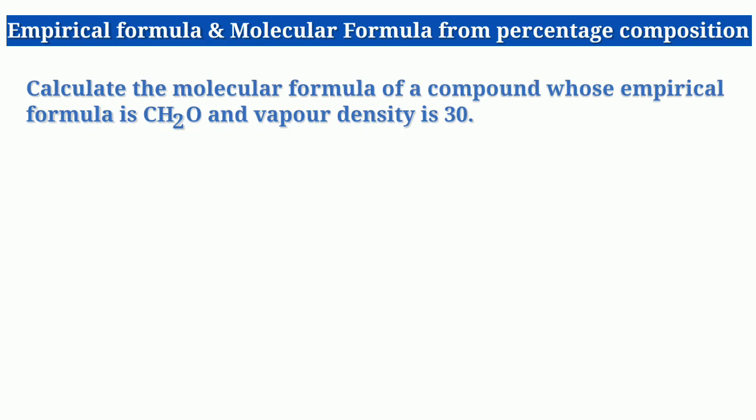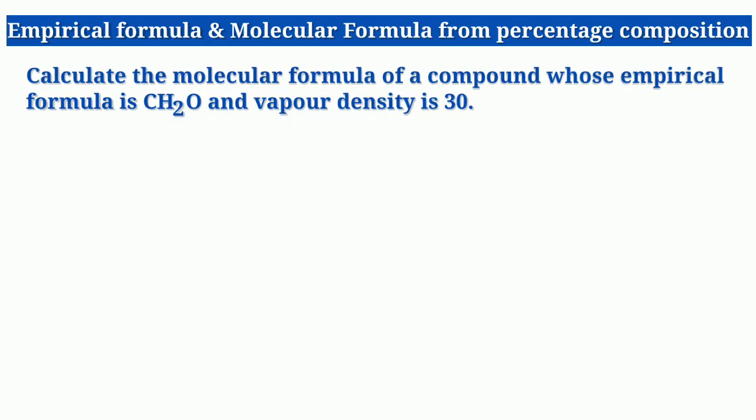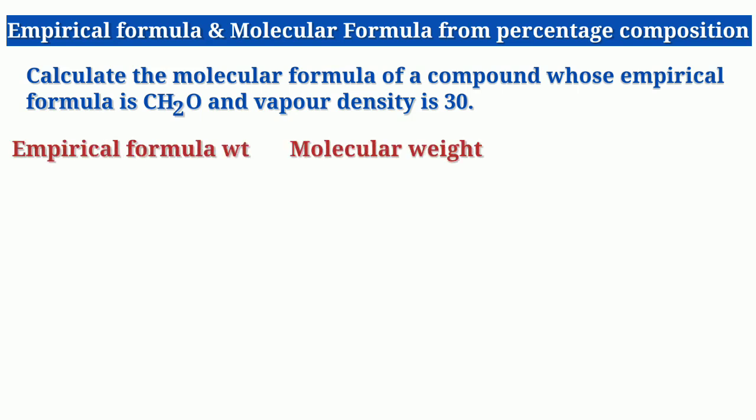Let us quickly solve one simple numerical which often comes in exams. And the question is, calculate molecular formula of a compound whose empirical formula is CH2O and vapor density is 30. To find molecular formula, we need 3 values: empirical formula weight, molecular weight and N, which is equal to molecular weight divided by empirical formula weight.